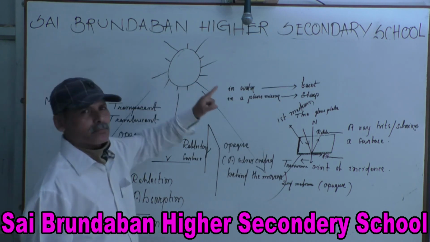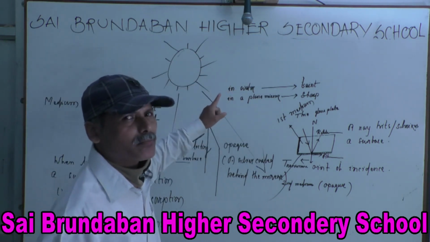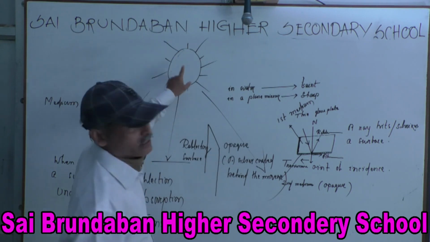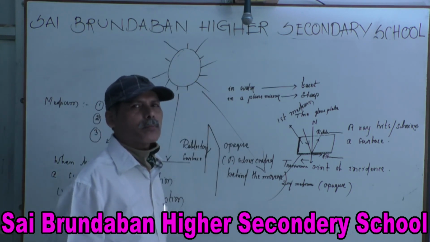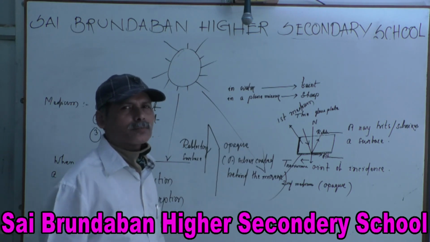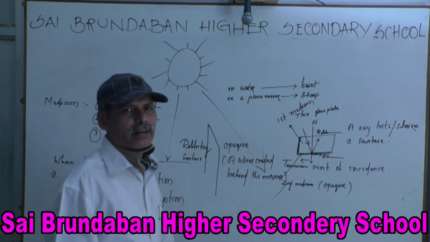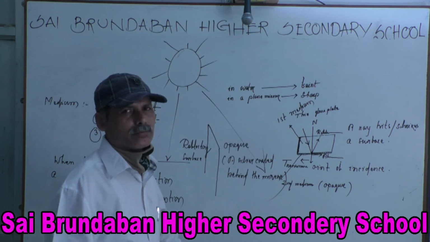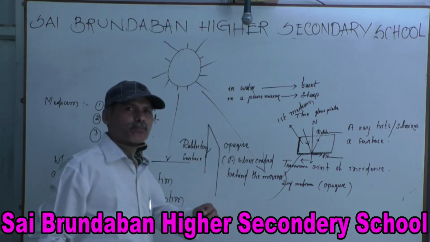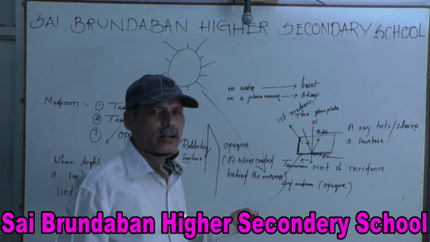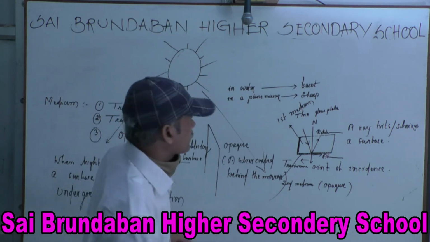Now you see, at the very beginning, I drew this figure, the sun. So what is the sun? The sun is the biggest source of energy, the biggest source of light. So here we came to know another word, that is called source.